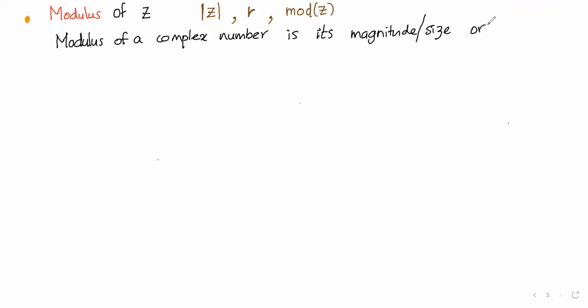Or if I elaborate it more, it means its distance from zero. How far is that number from zero? Its distance from zero. You can underline it. Distance from zero.